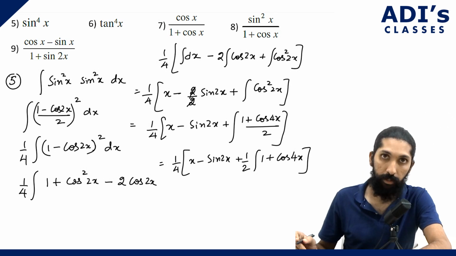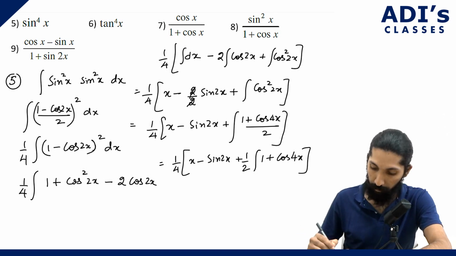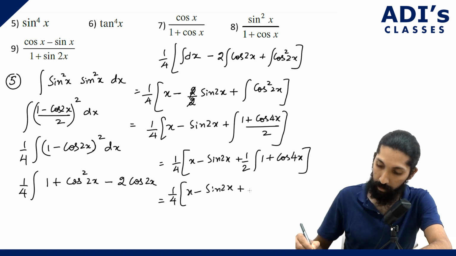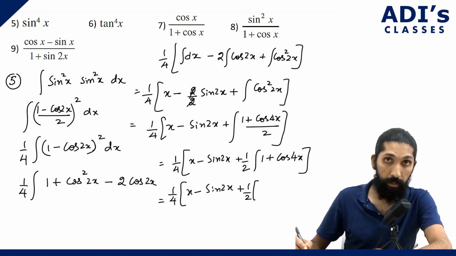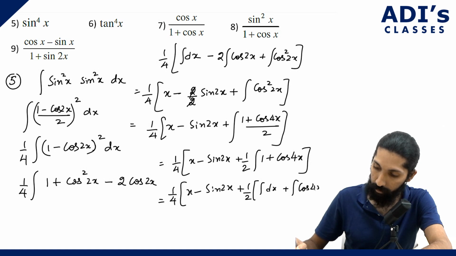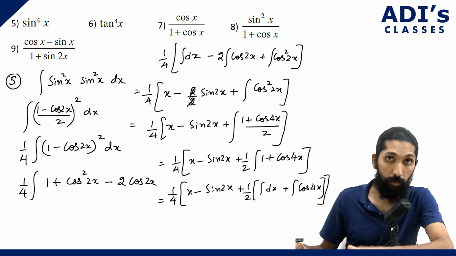Take the half outside. That means you have integral of dx plus integral of cos 4x, right? So this is what we have.